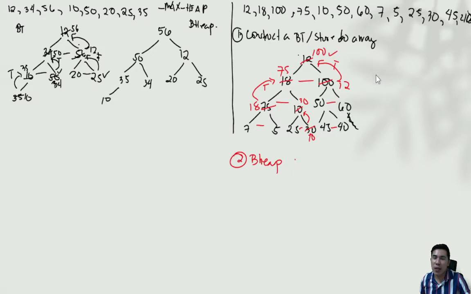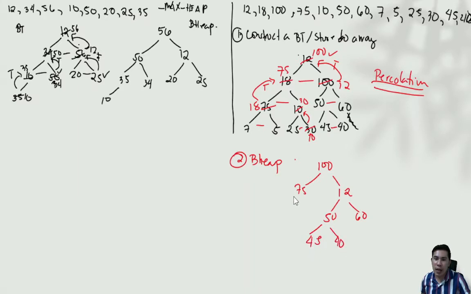By the way, you have here a lot of percolation. Okay? So our binary heap is 100, followed by the left node of 75. Then we have here 12, I guess. Then we have here 50, 60, and in your 50, 45 and then 40.